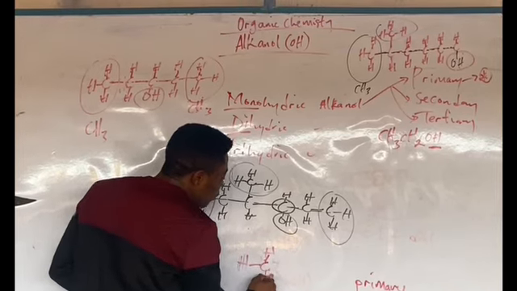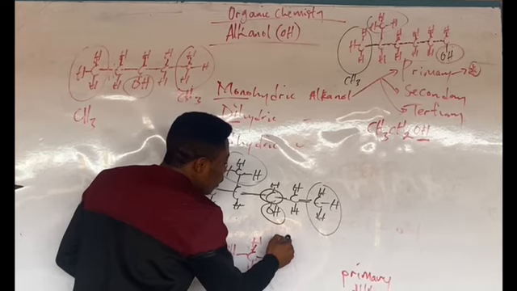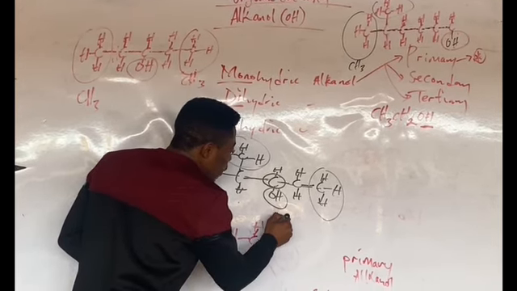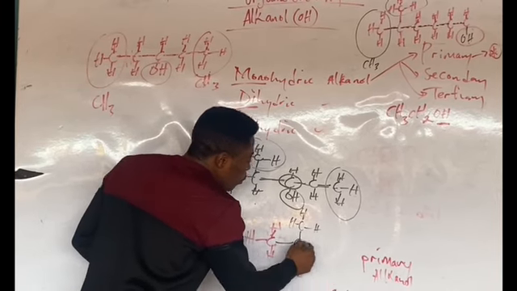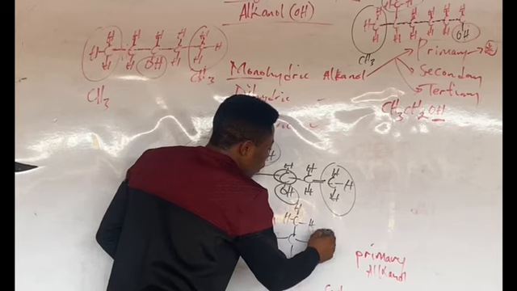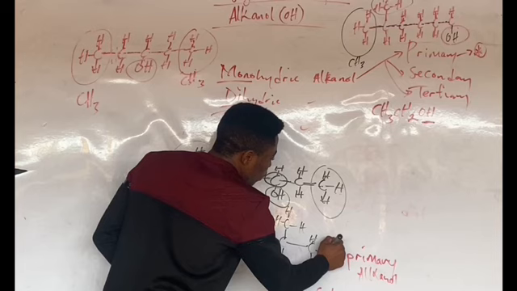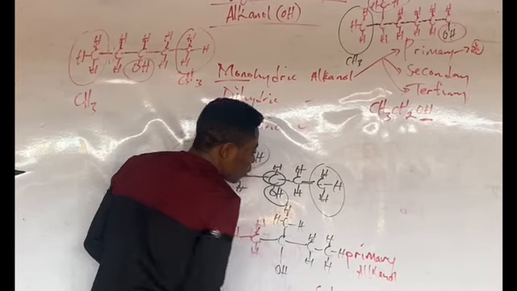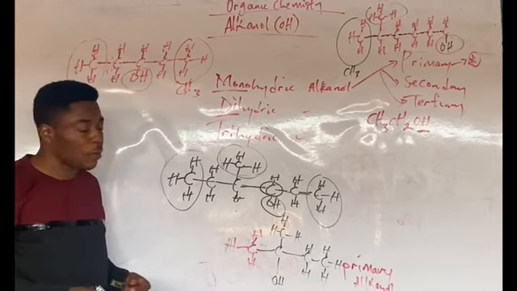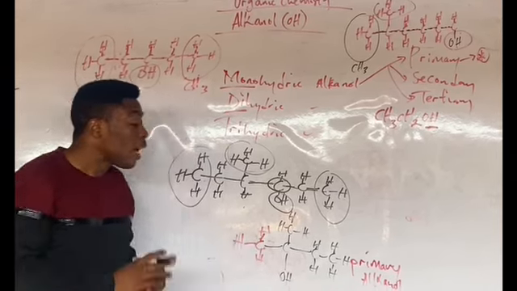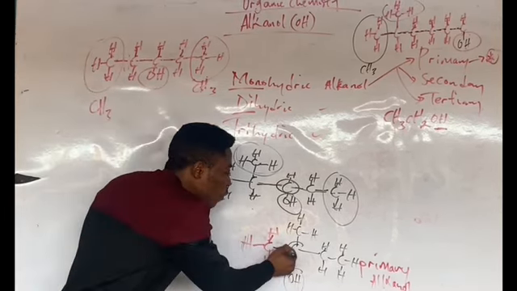But what if you have something like this? Class, in a situation where one carbon bears the methyl group and the functional group, in most cases, that compound is usually a tertiary alkanol. Now look at this compound. You have 3 methyl groups present, right? 1, 2, 3. Now notice that this is the functional group, and this is the alpha carbon.